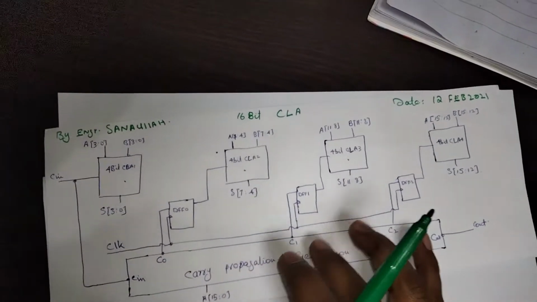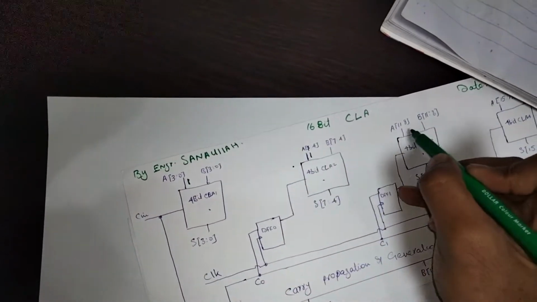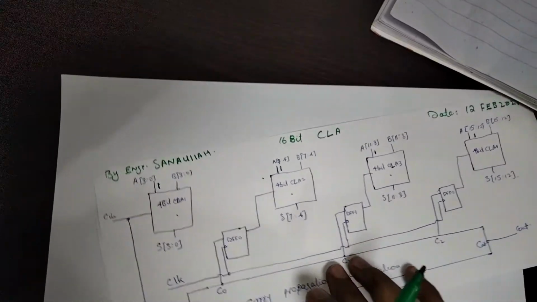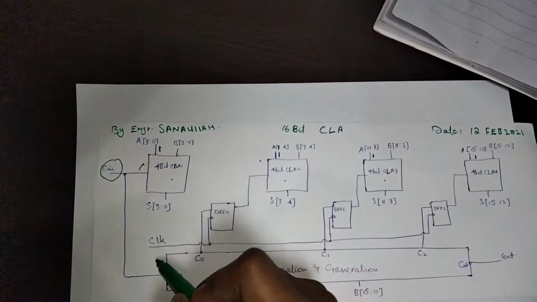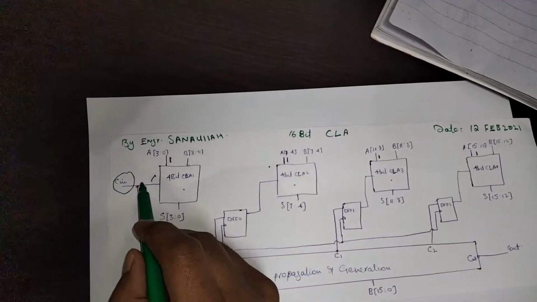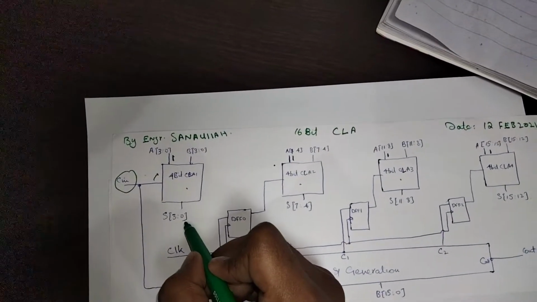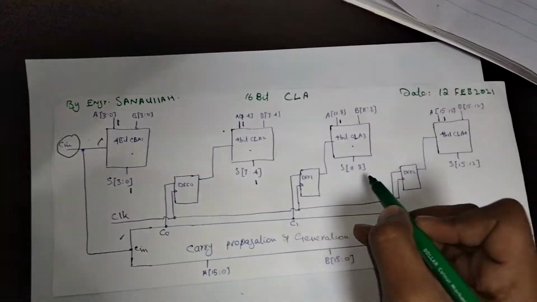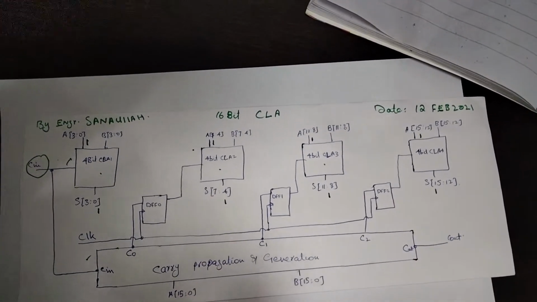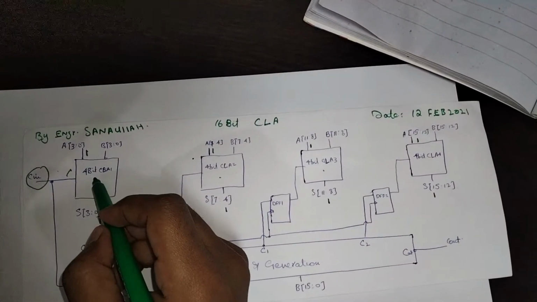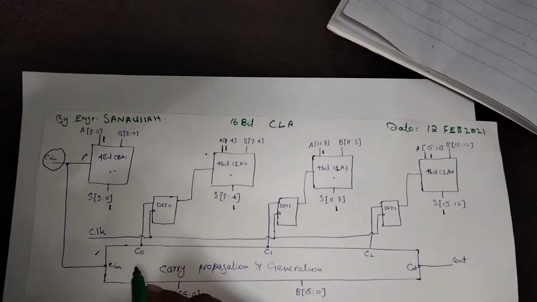What happened? Let's assume we have 4-1 here, 4-1 here, 4-1 here, and 4-1 here. Since C1 is fed in here as well as here, assume that initially C in is 0, then we will get sum equal to 4-1 here, 4-1 here, 4-1 here, and 4-1 here. When C in is equal to 1, this C in will be fed in this Carry-Look Adder as well as in the carry propagation circuit.